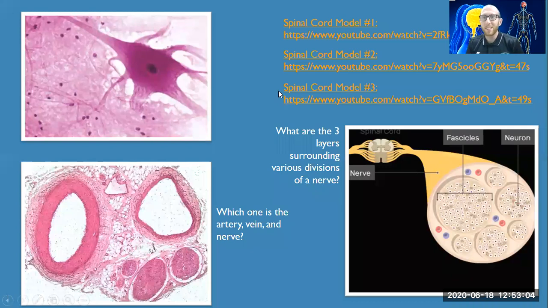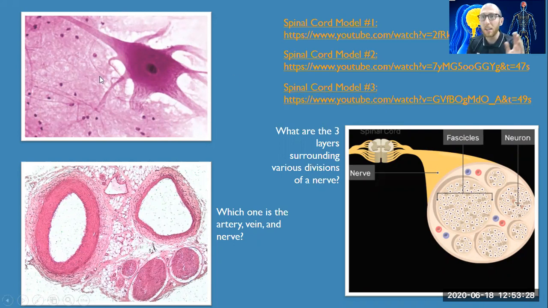Only 15 slides to cover, and a lot of these should be a repeat from that original slideshow. I'm linking a few videos here for you to watch on YouTube. There's only one new one, Spinal Cord Model 3. It looks very similar to the other models, but slightly different, so make sure you check that one out.